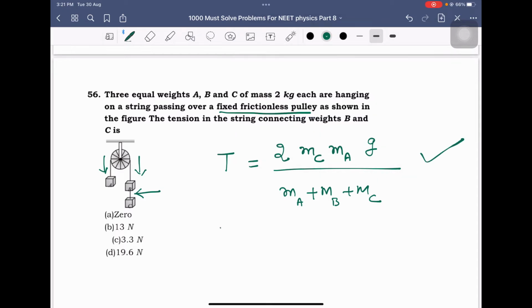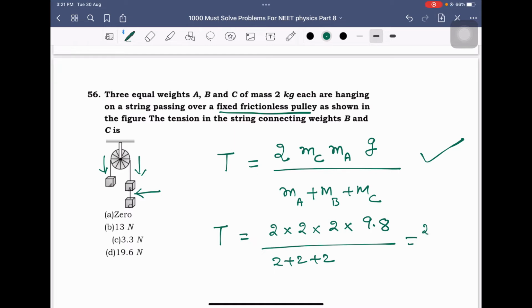Now substitute: T is equal to 2 into mass of C, which is 2, mass of A, which is 2, acceleration due to gravity 9.8, divided by 2 plus 2 plus 2. So 2 into 2 into 2 divided by 6 into 9.8. 2 goes 3 times, so the tension will be 2 into 2 is 4, 4 into 9.8 divided by 3.